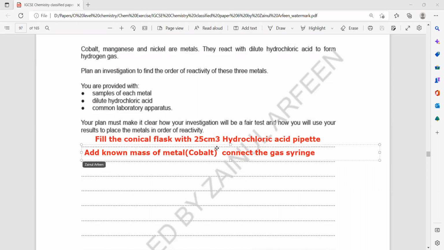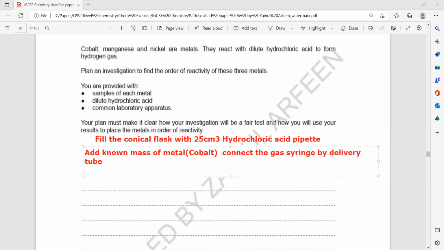So add a known mass of metal connected to a gas syringe by the delivery tube. Then we will start the timer and record the volume of hydrogen, or volume of gas, collected in, say, 3 minutes or 2 minutes, you can say.